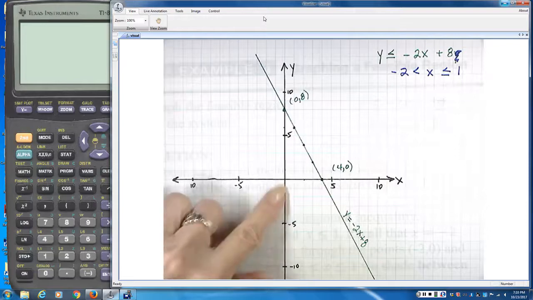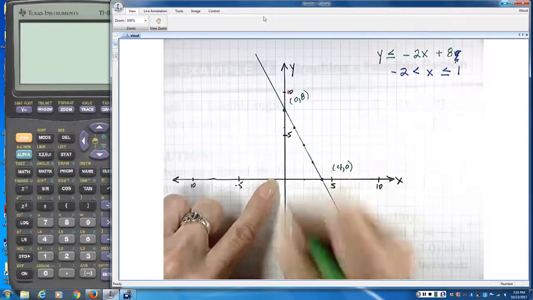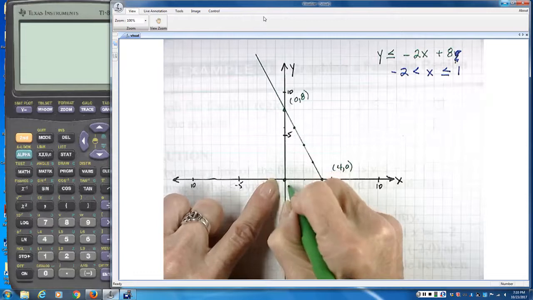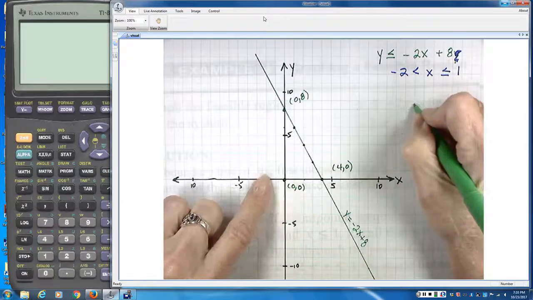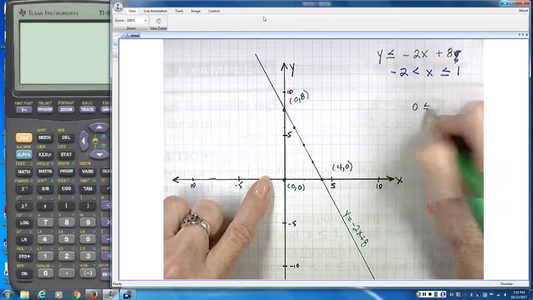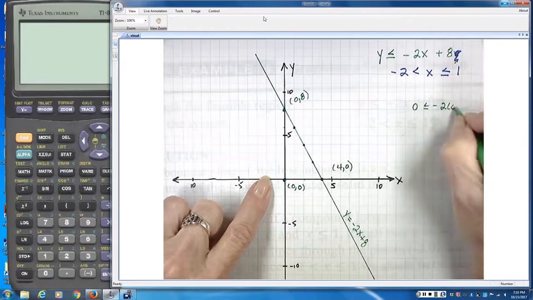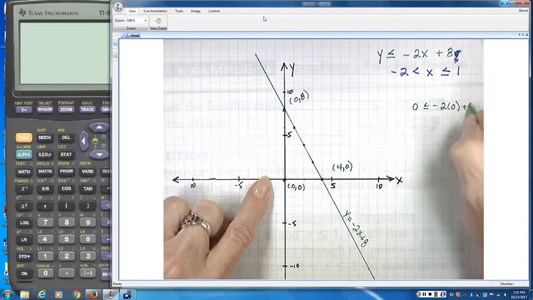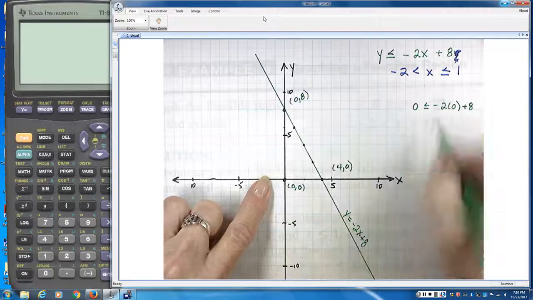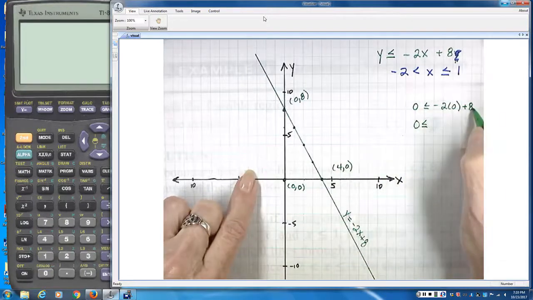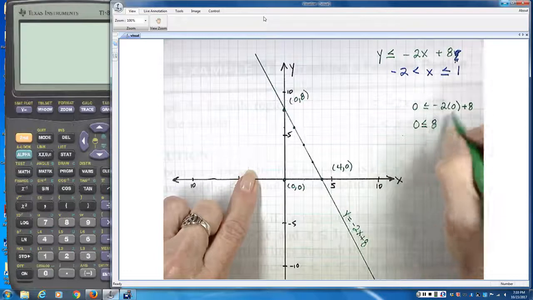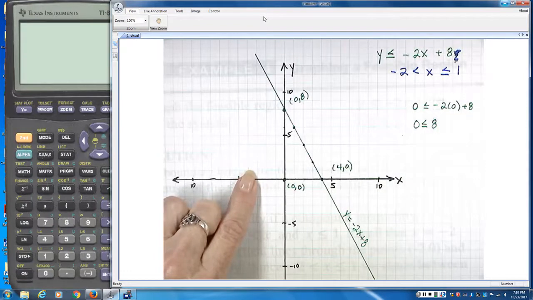Now, in order to decide which way I'm going to shade, I'm still going to test my old buddy 0, 0. So if I take 0 for y and 0 for x, then I have 0 is equal to or less than negative 2 times 0 is 0 plus 8 is 8. 0 is less than 8, and that's true.